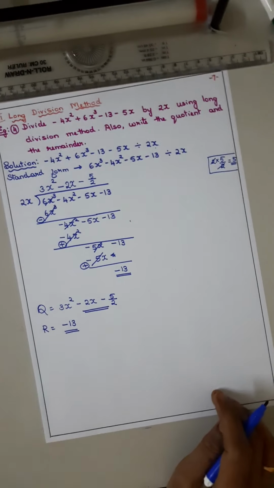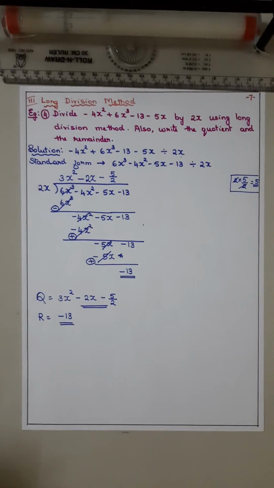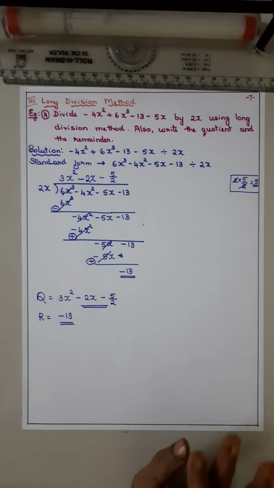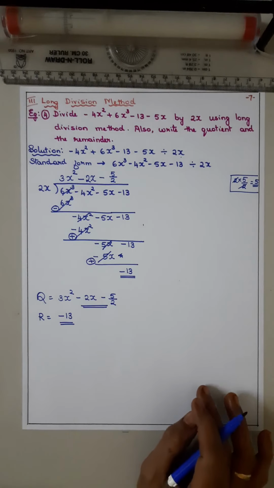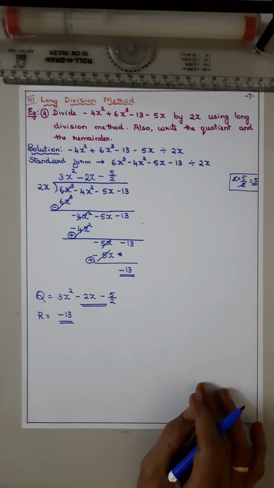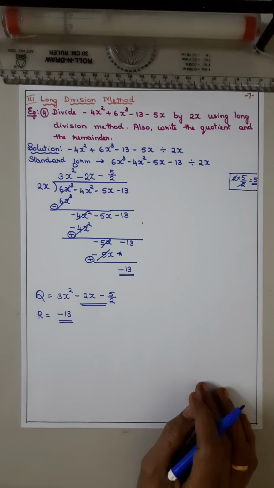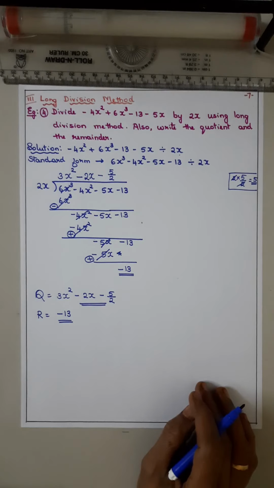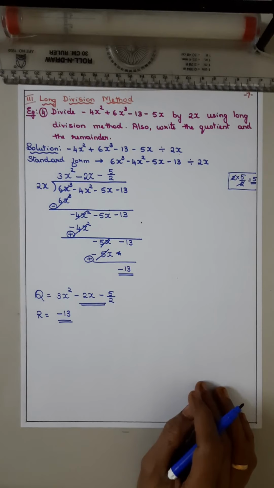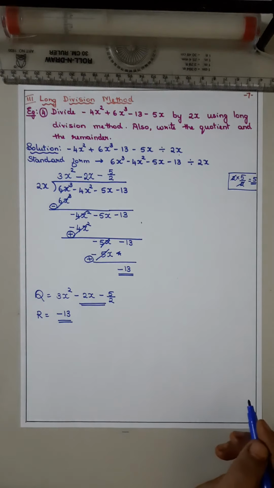Sometimes you get 0, otherwise you will get a remainder. Is it clear? Not so tough, but you should be careful. So first sign, then number, then alphabet. It is ordinary division, but whenever there is a fraction, you should be careful. Okay then, bye. Thank you.